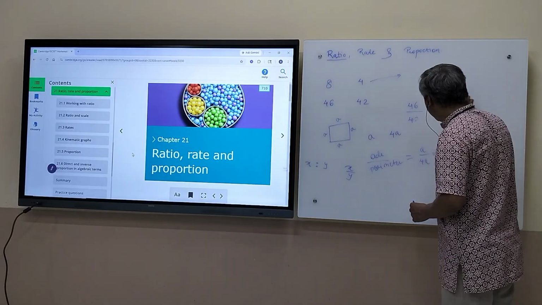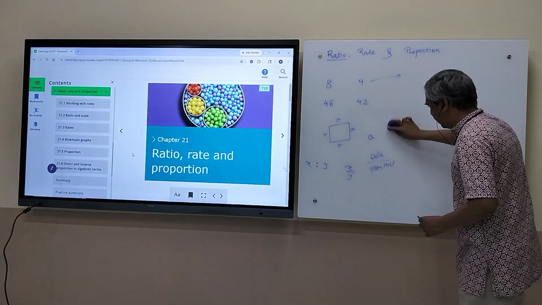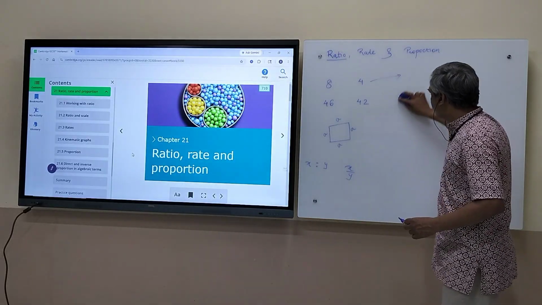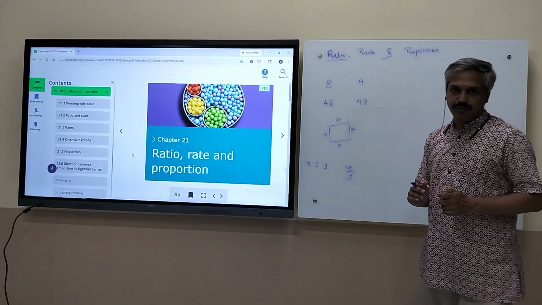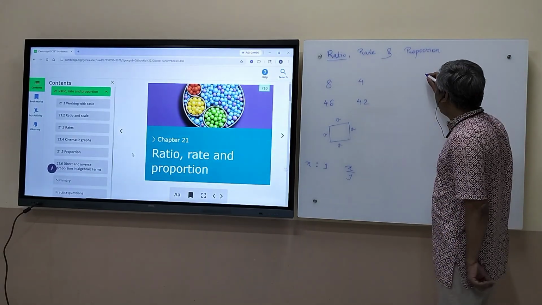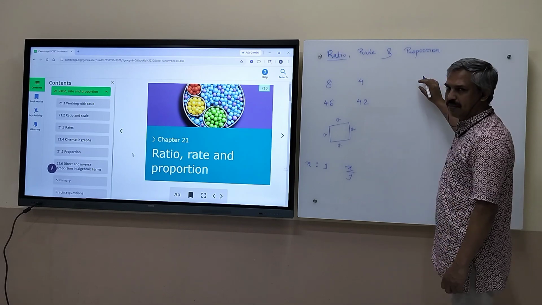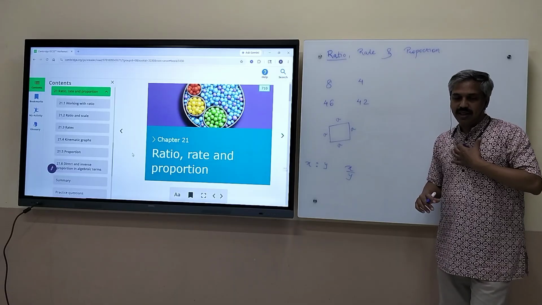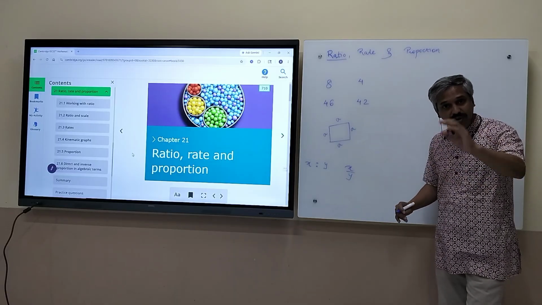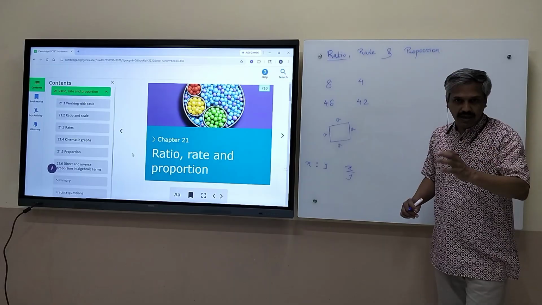For example, three students or three friends wanted to start a small shop, and they decided that they will invest money in the shop. The first friend said, I will put some money. The second will say, whatever you put, I will put double of this. The third friend said, whatever the first one put, I will put three times of it.